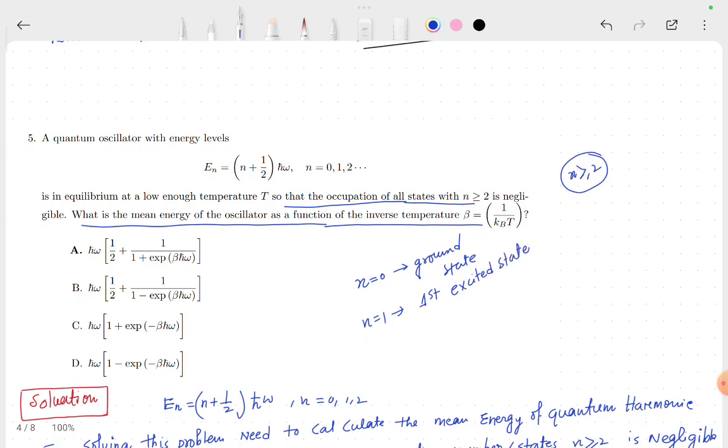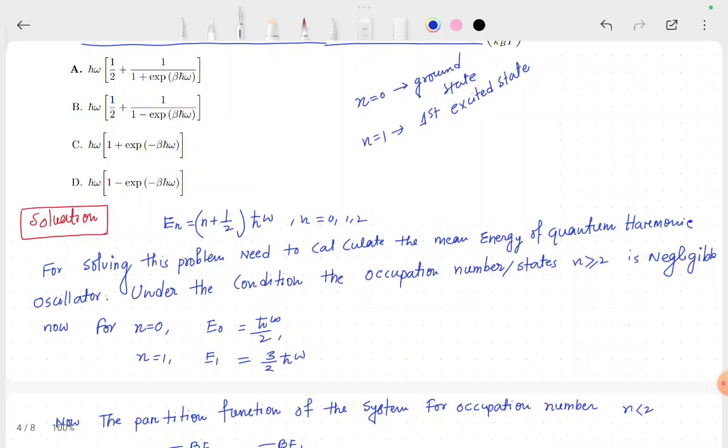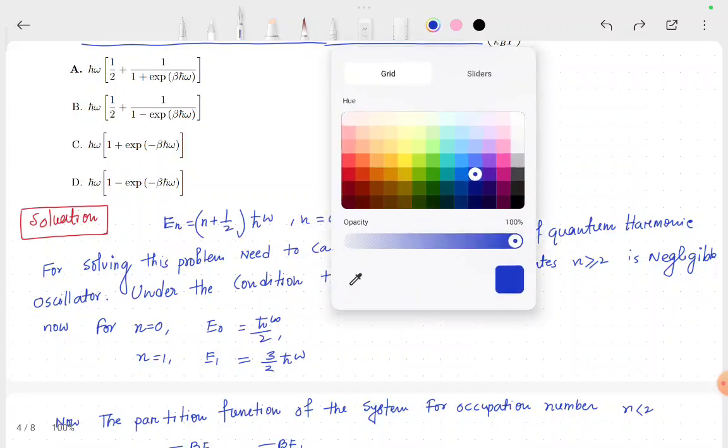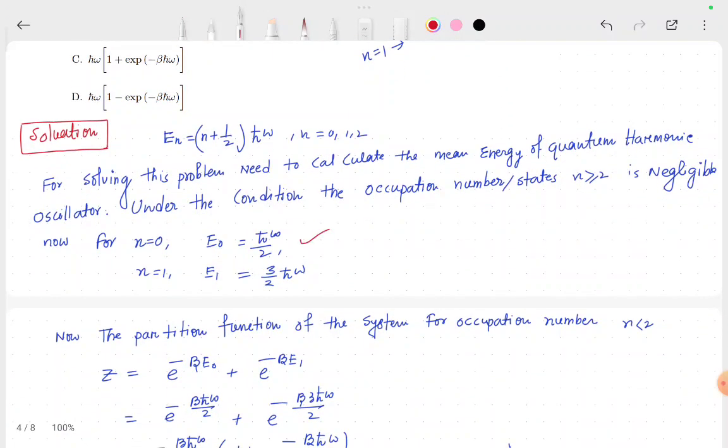Is it clear? So for n equals 0, we have the energy equal to h cut omega by 2, and for the first excited state we have energy 3 by 2 h cut omega.